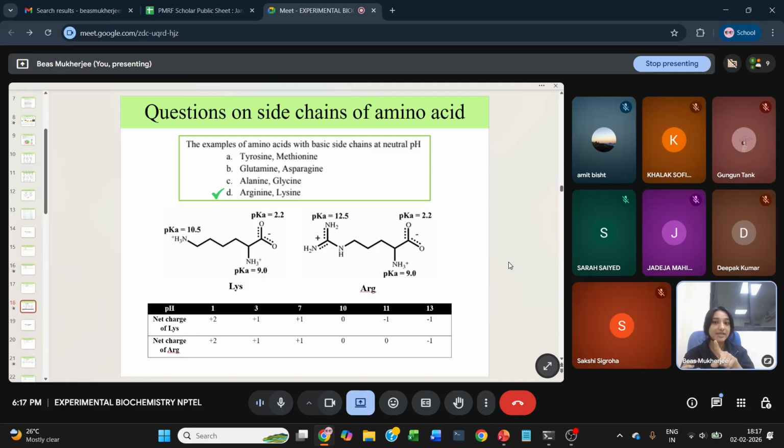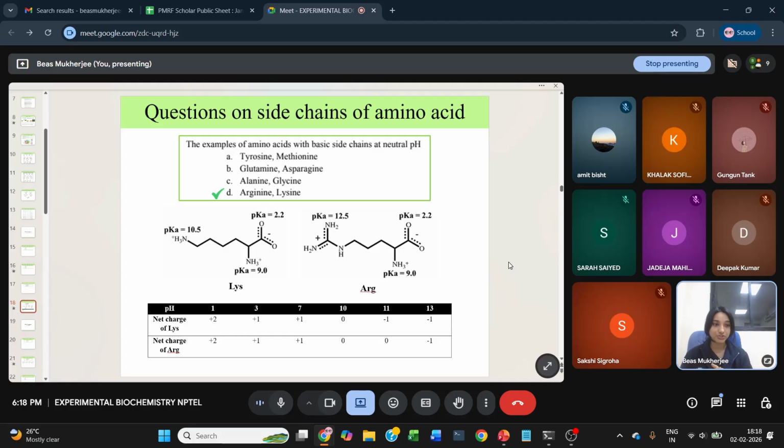You can see that the pKa of the carboxylic group of lysine is 2.2. So that means at pH 2.2, this COOH is going to give away its H plus ion. It is going to become COO minus. So there were two positive charges and now this one becomes a minus charge. So then your net charge becomes +1, right? Now what happens as you increase the pH more?